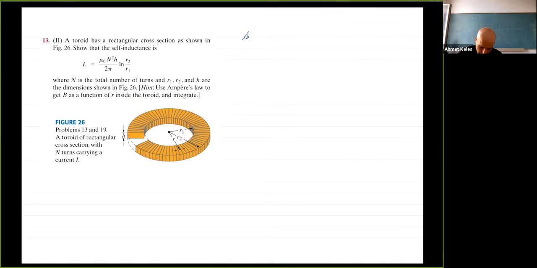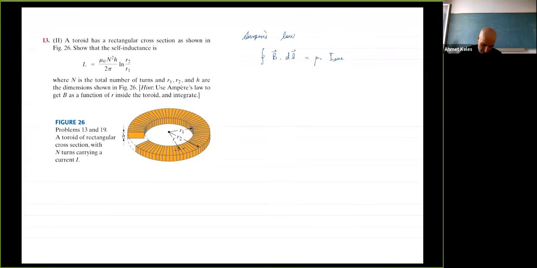So I'll write Ampere's law. Does anybody remember Ampere's law? It's going to be the integral of B dot dl is equal to mu0 times I enclosed.